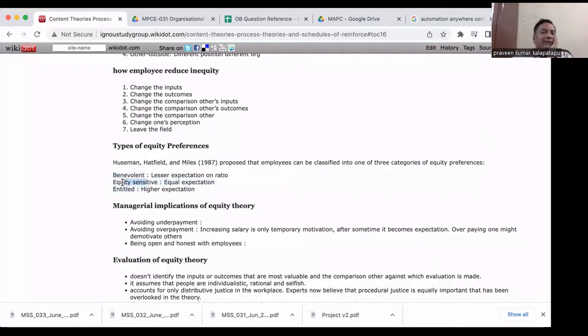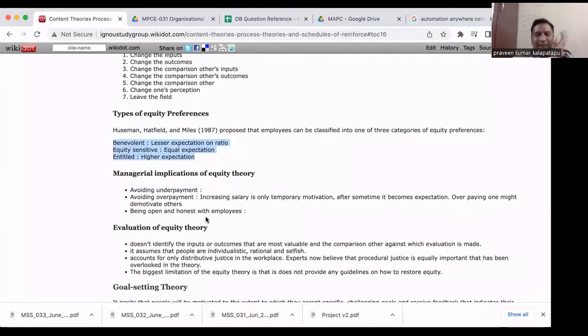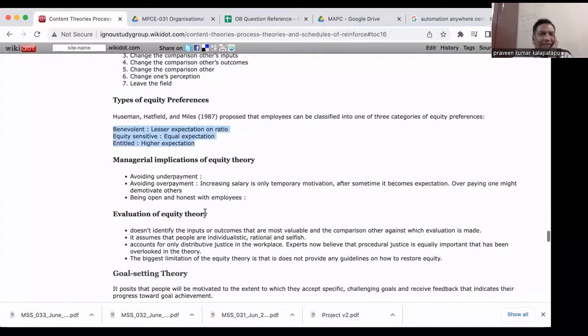Basically, he wants himself to be equal to others. Other is entitled. He always thinks that he is actually exceptional. He should get higher than others. So these are the 3 types of people or categories in which the comparison really happens. So it depends on the psychology of the person, right? Whether he is benevolent, equity sensitive, or entitled.